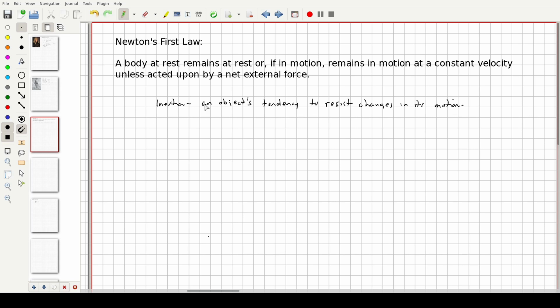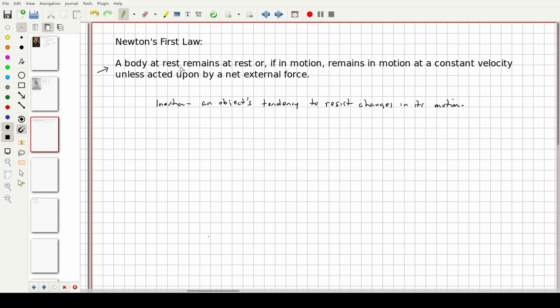And as you do so, you fight its inertia. As you push it faster and faster and faster, it still fights you. But the minute you're able to get it rolling at a constant speed, it doesn't take a whole lot of effort to keep it going. Now, that is a simple example of Newton's first law.